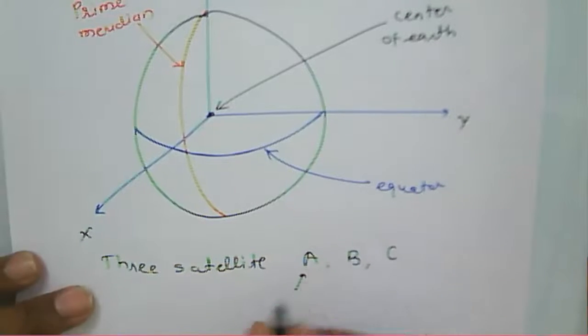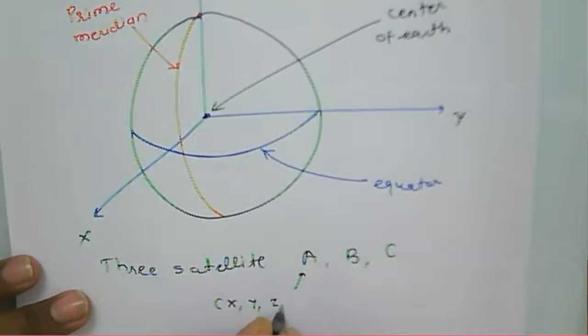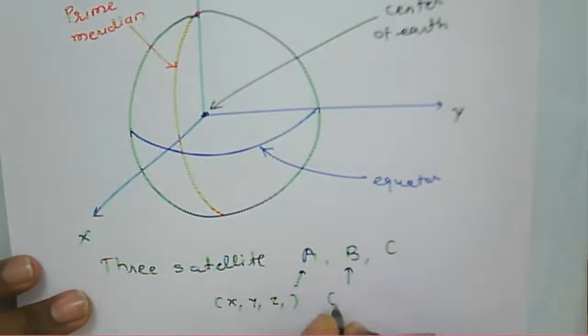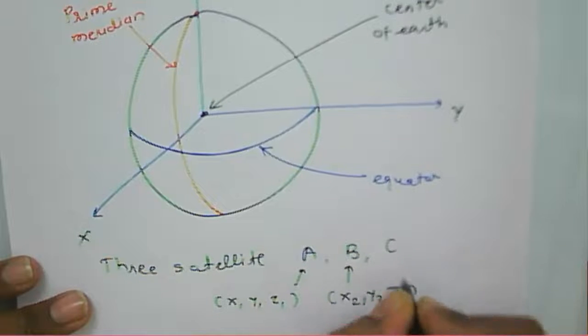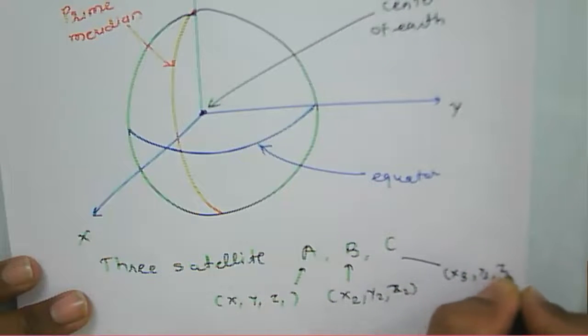Now for the position of the satellites, for A we say x1, y1, z1. For B, x2, y2, z2. For C, x3, y3, and z3.